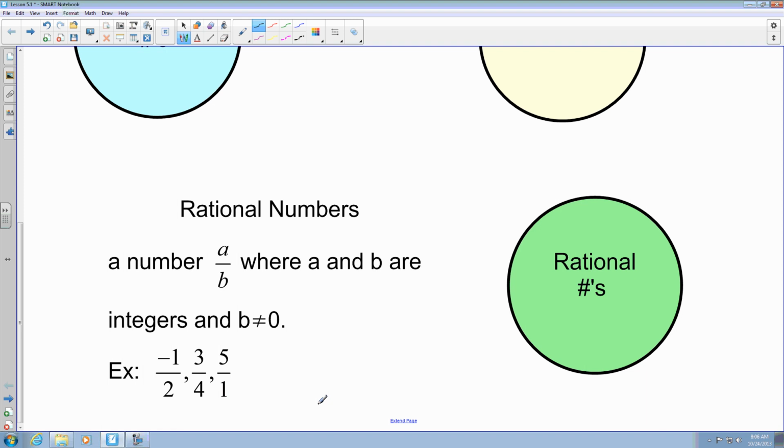Examples of rational numbers are like -1/2, 3/4, or 5/1. An example of a non-rational number would be something like the square root of 2 over 3, okay? Because this is not an integer, okay?